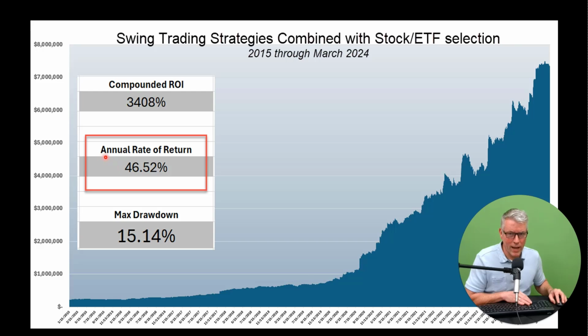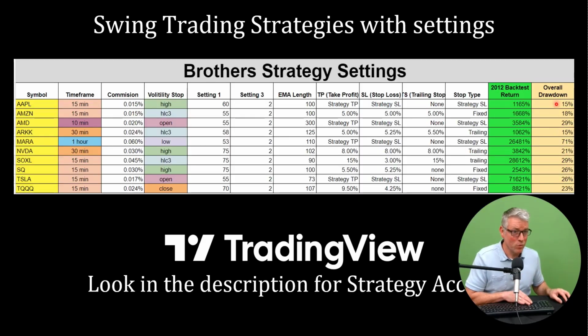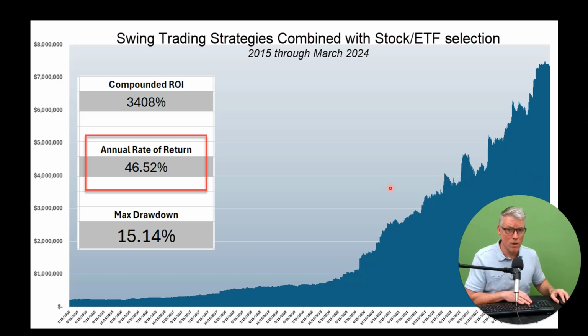I want to focus on the annual rate of return. Again, this is the blended equity curve. These are the individual strategy drawdowns from the backtest. Combined, since 2015, it's only a 15% drawdown when you combine them all together. So that's really good.